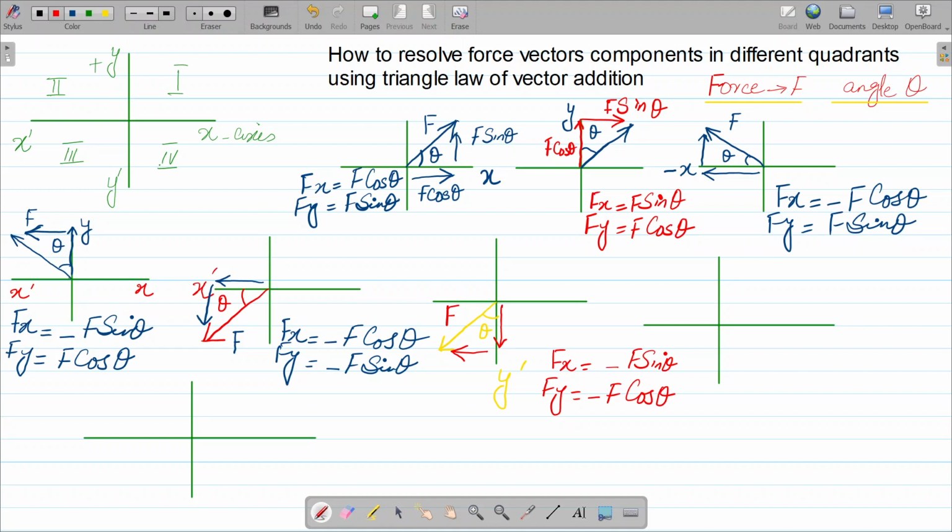So it is quite clear, we are in the third quadrant. Whichever orientation of the angle it is, the components will be resolved in this manner.